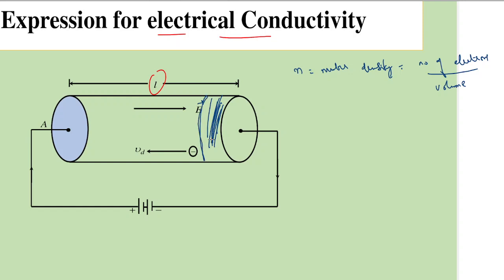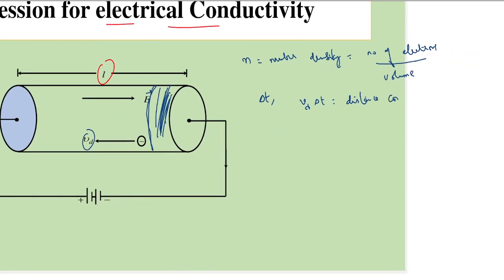Since the electrons have an average speed called Vd, in a time delta t, the electrons will cover a distance which is Vd into delta t. So this is the distance covered by the electron in time delta t.